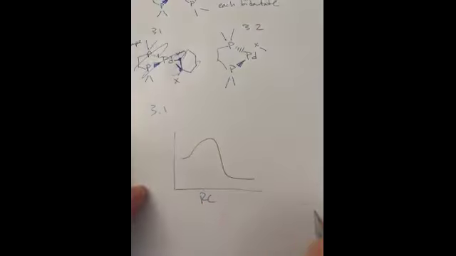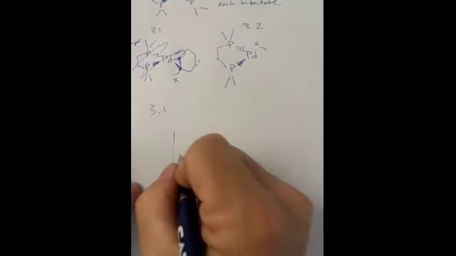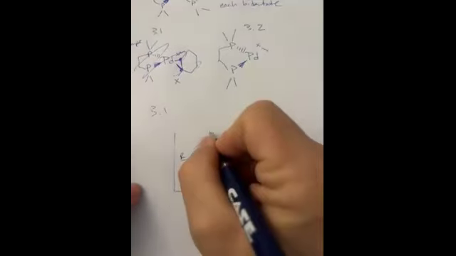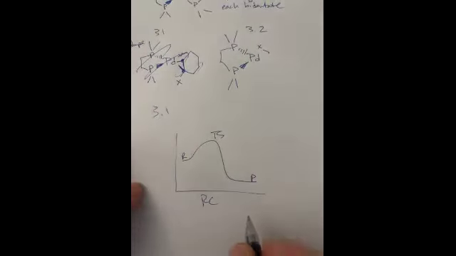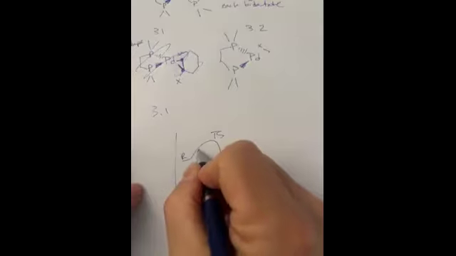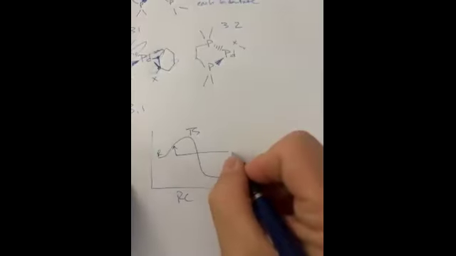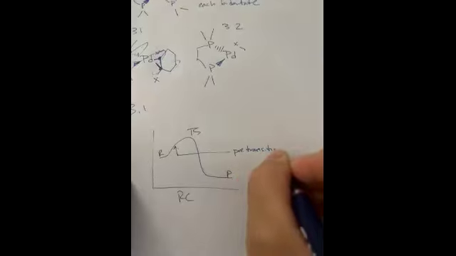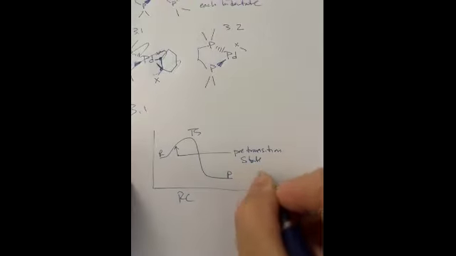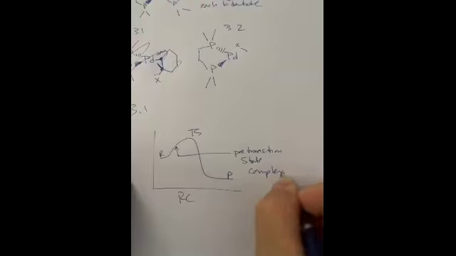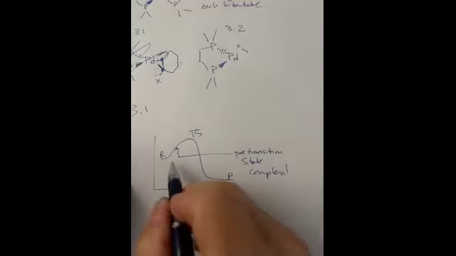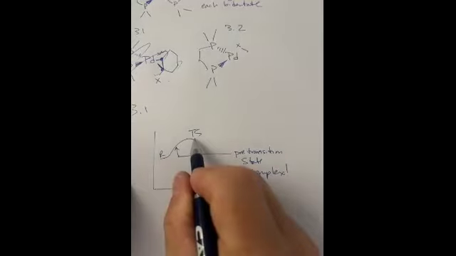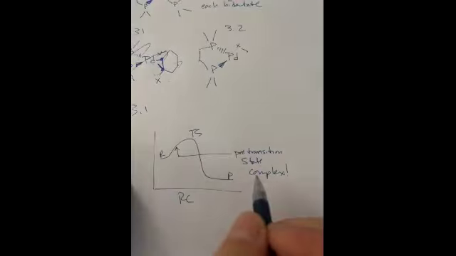It typically looks like this. If it's exothermic, we've got reactants, we've got products, we've got transition states. And then we're trying to find, in addition, some transition state complex, and it must be between the reactants and the transition states in position and energy.